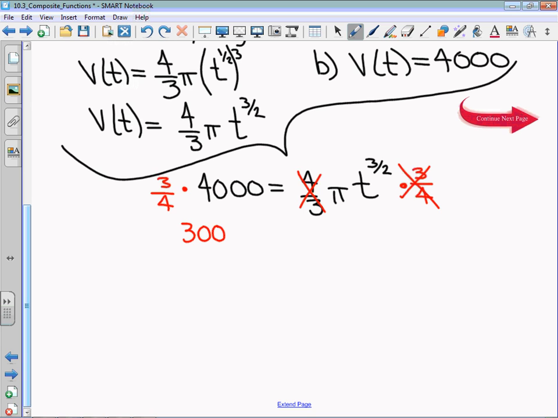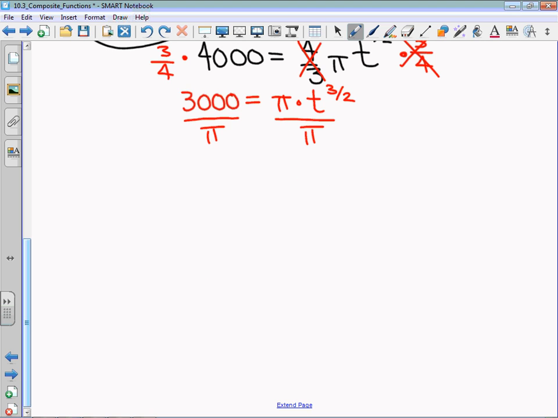So I get that 3,000 is equal to pi times t to the power of 3/2. I'm now going to divide both sides by pi. I will not be doing 3,000 divided by pi in my head, so I'm going to leave this as 3,000 divided by pi is equal to t to the power of 3/2.